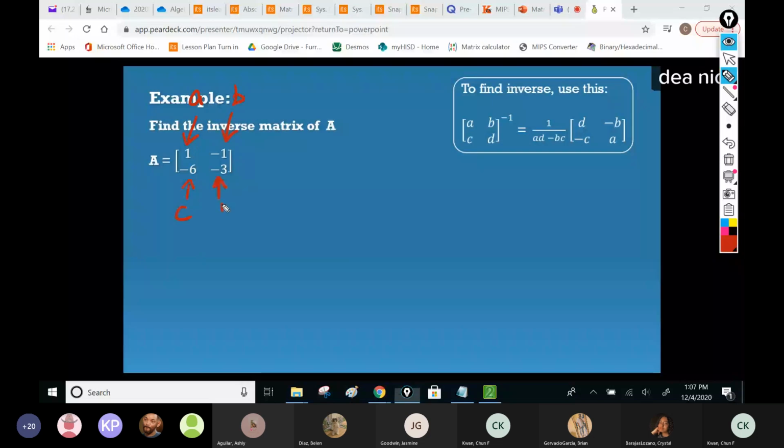So A is 1, B is -1, C is -6, D is -3. Your first step is to identify A, B, C, and D according to this. Good thing that they're in order, right?